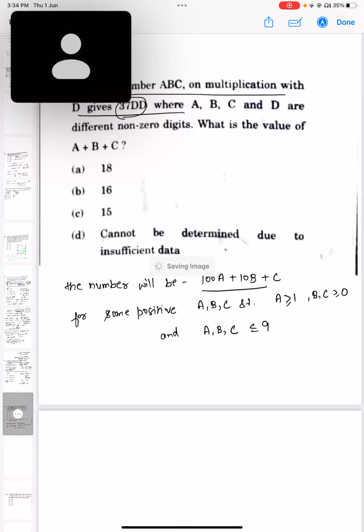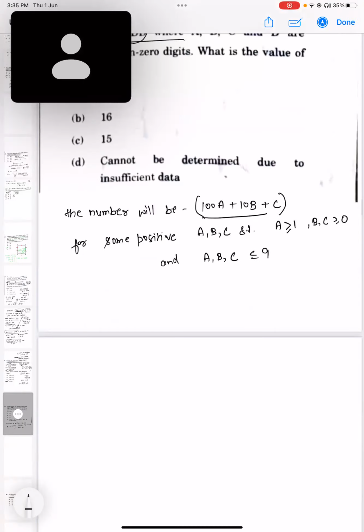So what it is saying, this number 100 times A plus 10 times B plus C on multiplication with D gives 37DD, right? So what do we have? 100A plus 10B plus C times D is equal to 37DD, which is nothing but 10 cube into 3 plus 10 square into 7 plus 11D, right?